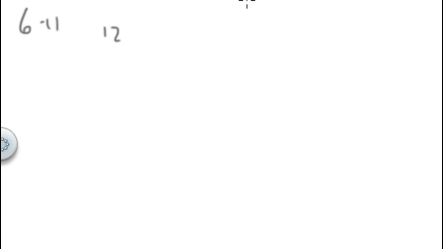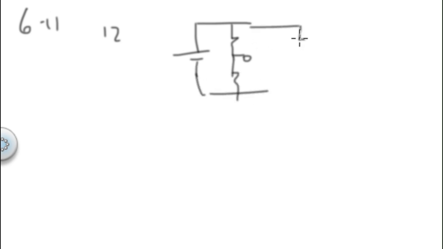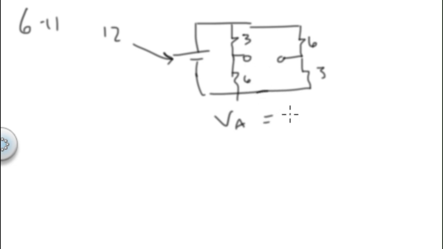The voltage is 12. So if I use 12 volts, just like we did before, and I took out the 2K, and I had 3 here and 6 here, and I had 6 here, and I had 3 here, so the voltage at A is equal to 6 over 6 plus 3 times 12, or 2/3 of 12, or 8.